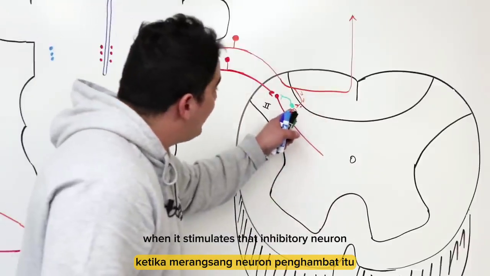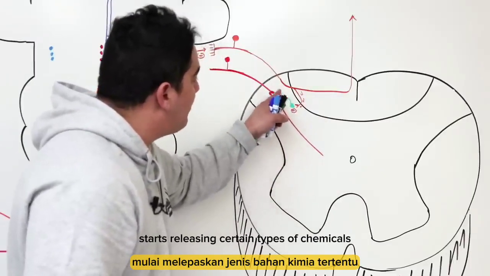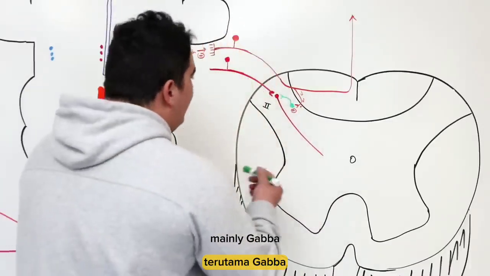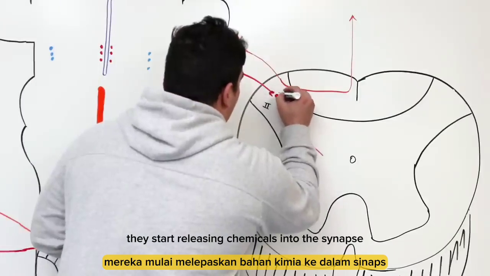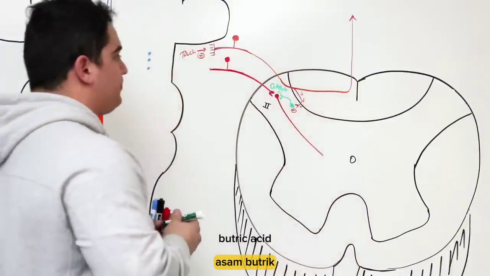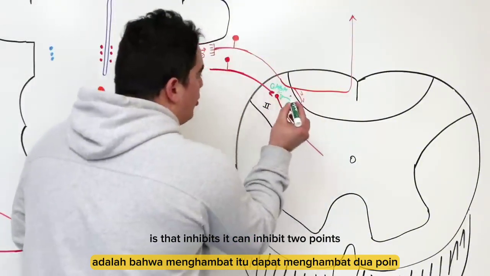When it stimulates that inhibitory neuron, guess what happens? That inhibitory neuron starts releasing certain types of chemicals. What type of chemicals, you ask? Mainly GABA. So they start releasing chemicals into the synapse called gamma-aminobutyric acid. And what that does is that it can inhibit two points.